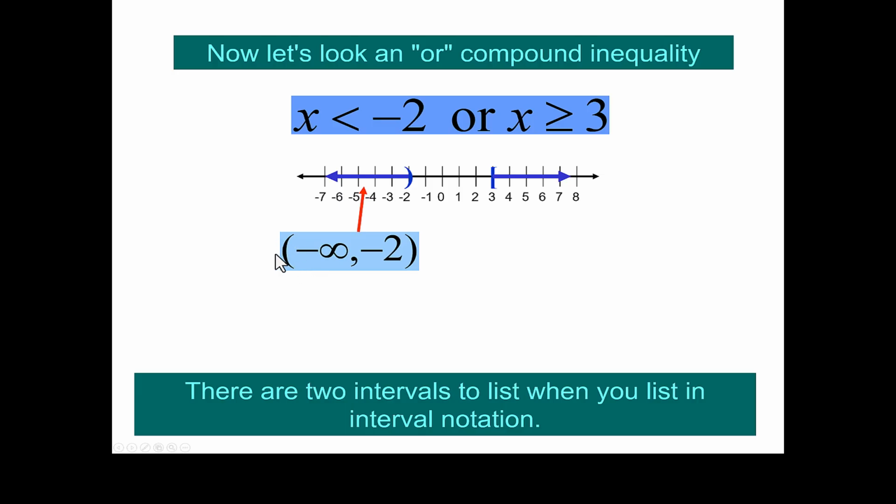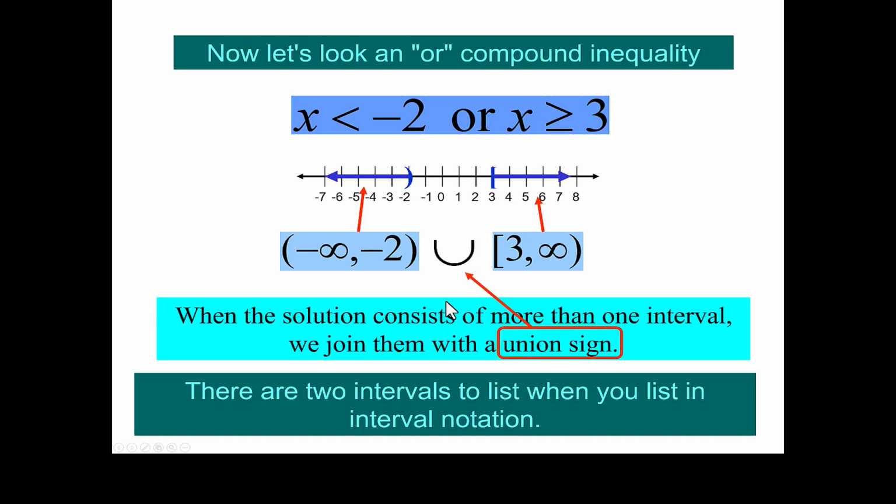In interval notation, open, because you never approach infinity. On the other side, we have the bracket 3. We include 3, and it goes to positive infinity. So we have to join these two sets as part of our solution set. We use a union sign to describe that.